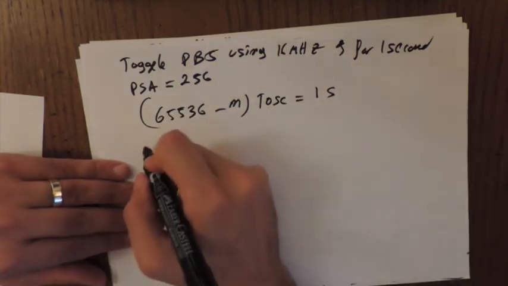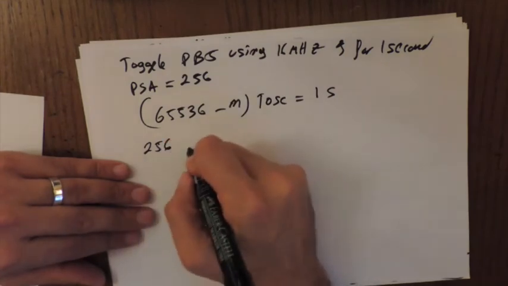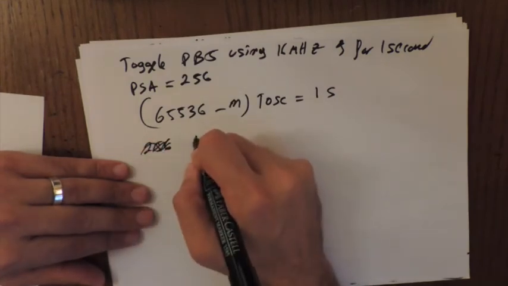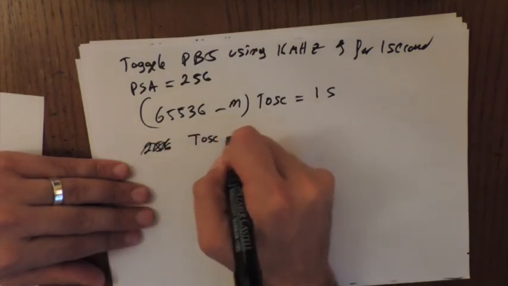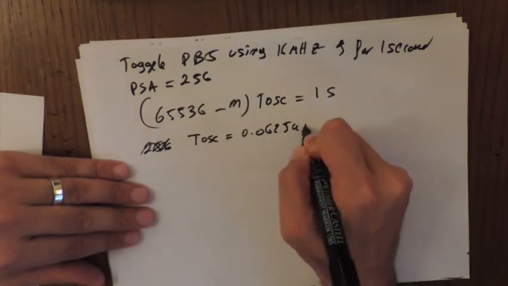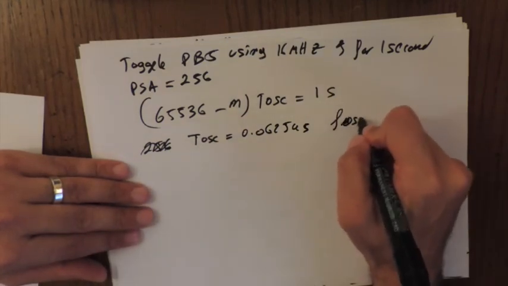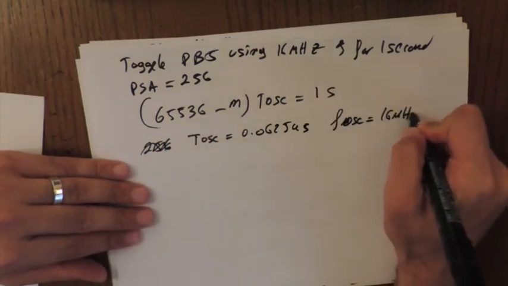If we use 256, in this case, f oscillator is equal to 16 megahertz.